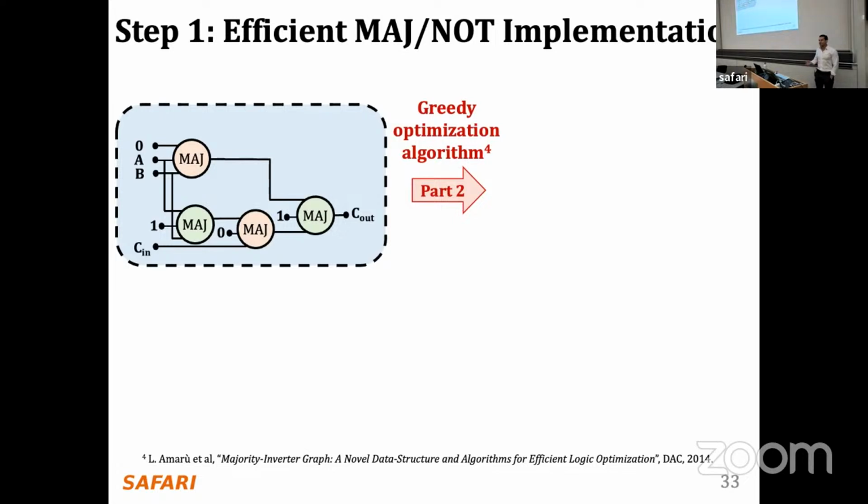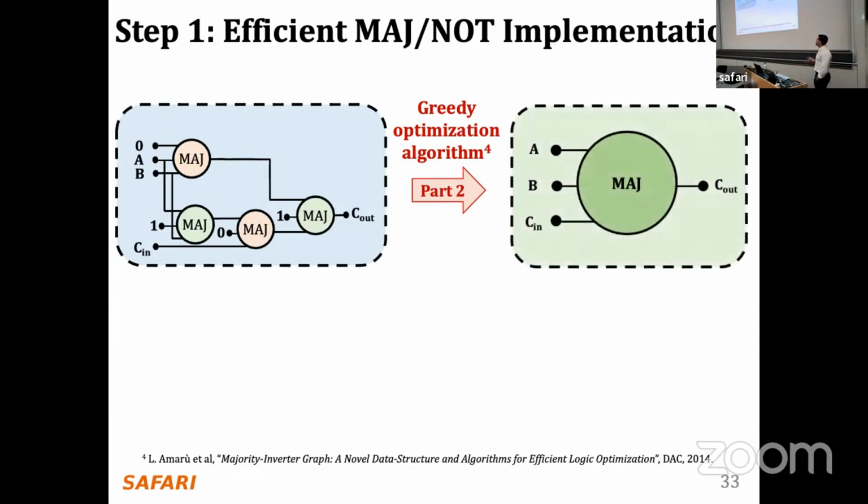There is an equivalent of that for majority-based graphs, like De Morgan's law, all of those laws for Boolean circuitry. We have the same laws. It's not exactly the same procedure, but it's the equivalent for majority-inverter graphs. And then we apply those laws in a greedy optimization algorithm so that we can end up with a simplified version of that same circuitry.